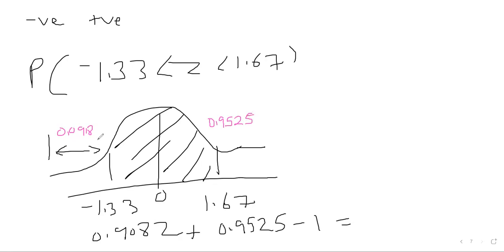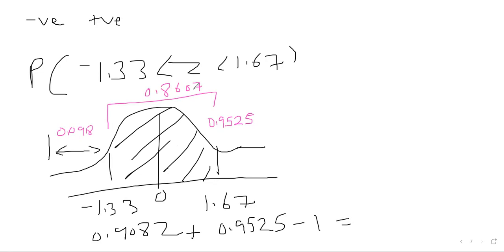If you're reading the negative as it is, just subtract 0.9525 minus the other, and it will give you 86%. So the difference between these two will be 0.8607. That is if you have the negative table.